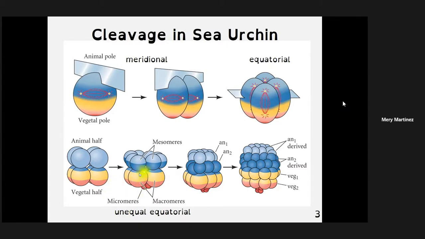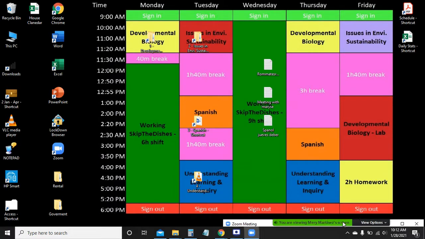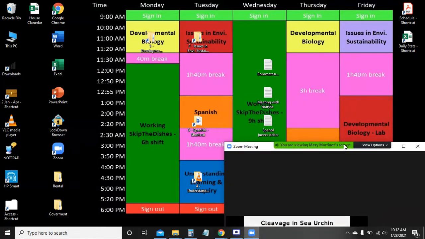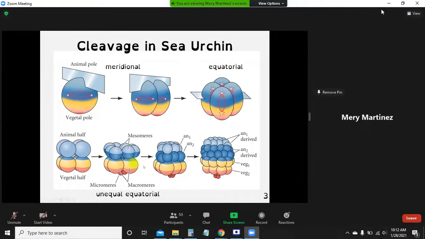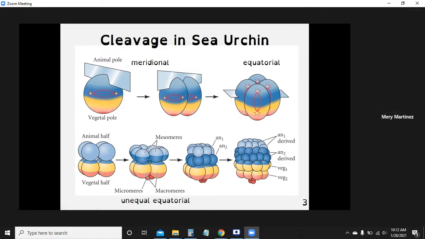So these ones are going to divide non-equatorially, unlike the mesomeres, but they're going to divide meridionally. So here we have 4, now we're going to have 8 and 8, okay? Now, at the 6th cleavage, the animal pole divides meridionally.